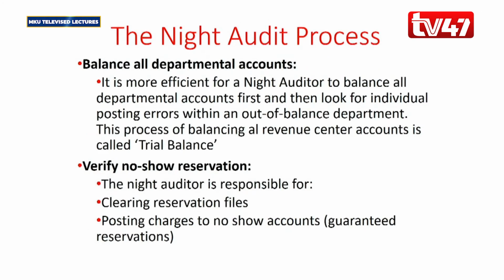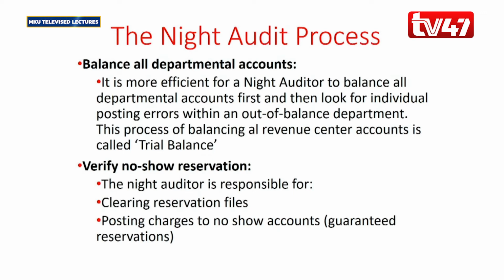Now, the next step is to balance all departmental accounts. In this case, it's more efficient for the night auditor to balance all the departmental accounts first. Then once they are done with that, they look for the posting errors within any out-of-balance department.